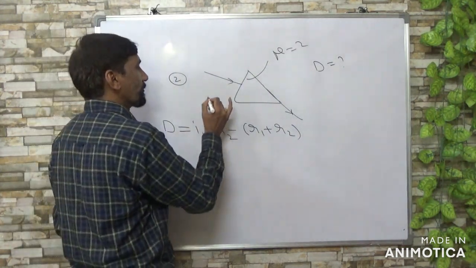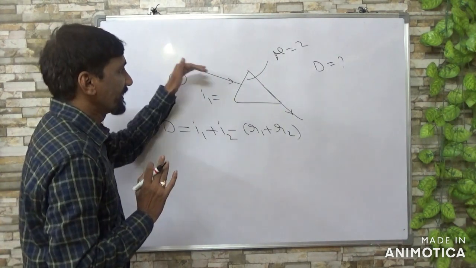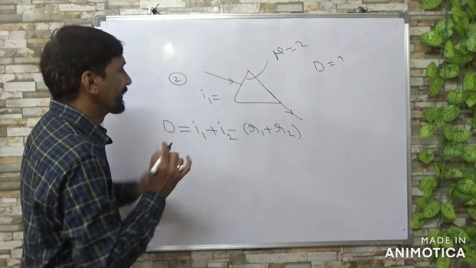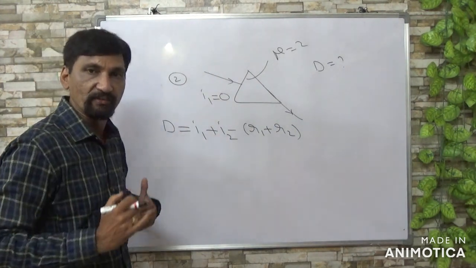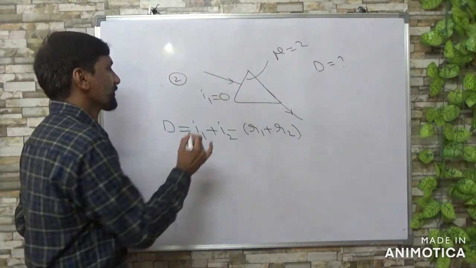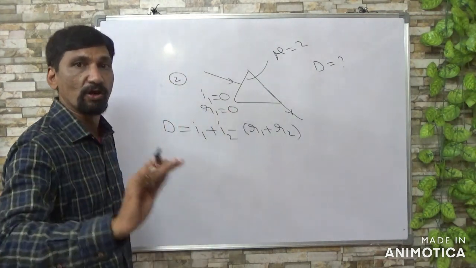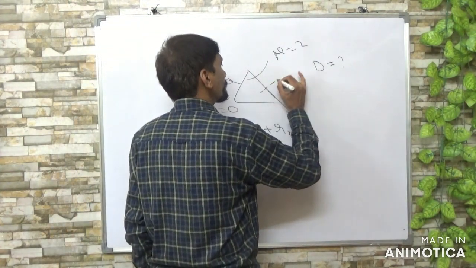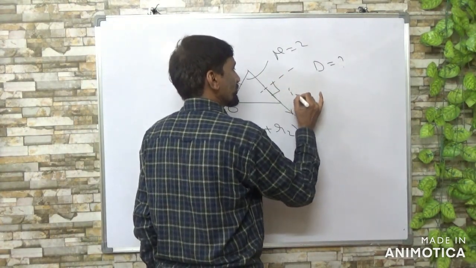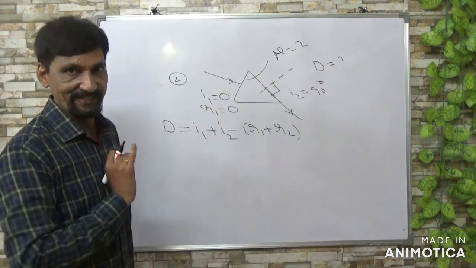So first about I1. The light ray is incident normally, so that is 0, because angles are measured with reference to the normal only. When I1 is 0, the corresponding R1 value will also become 0. Now about I2. It is very clear, I2 is 90 degrees.